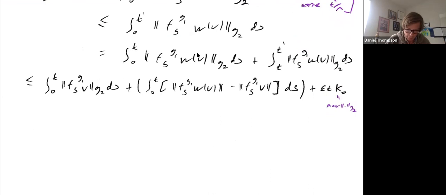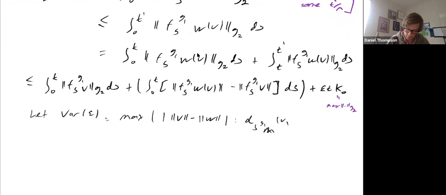And then here, I've just replaced this term with, instead of a WV, a V, and just a difference between those two things. Okay, so let varepsilon be the biggest difference between the size of V and the size of W, such that the distance VW is less than epsilon.